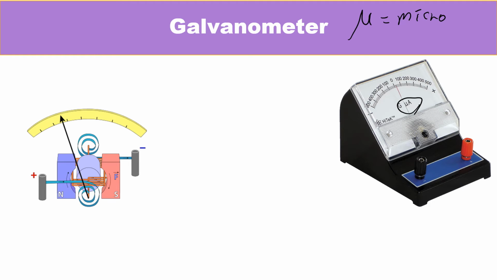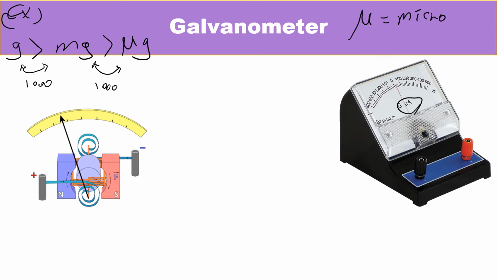So for example, gram is a larger unit than milligram, and there's a 1,000 difference. And also, there is micro, which also has a 1,000 difference. So if you think about normal unit to micro, it actually has about a million difference. I want you to think about that.